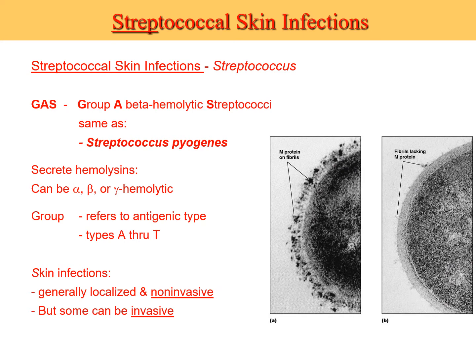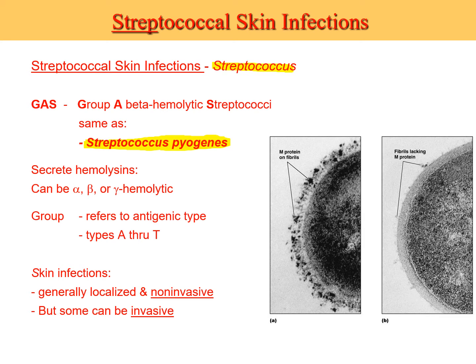This is completely different. This is a completely different genus, right? Streptococcus. So now we'll talk about streptococcal skin infection. The organism in this genus that causes probably the biggest problems are certain strains of Streptococcus pyogenes.